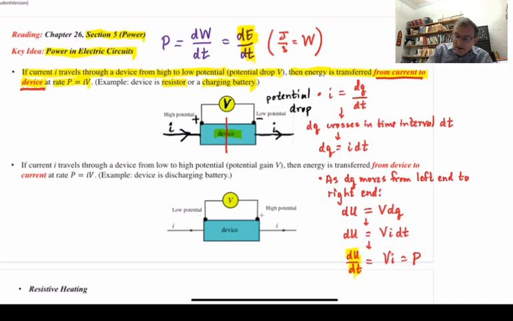And so we have this very useful general formula for the power associated with any circuit element, absolutely any circuit element, because I made no assumption about what that circuit element in that box was. You just take the product of the current I flowing through the device and the potential difference V across it. P equals IV.